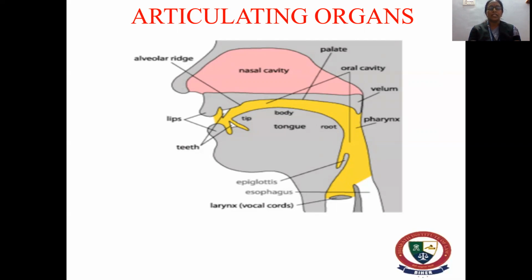This alveolar ridge, students can try this. They can use their tongue and try to touch the upper roof of the mouth. Near the teeth, we can find a hard surface. You can touch and feel. That portion is known as the hard palate.